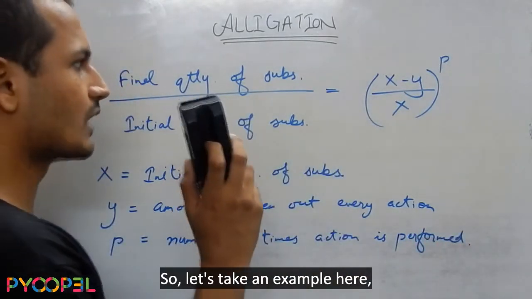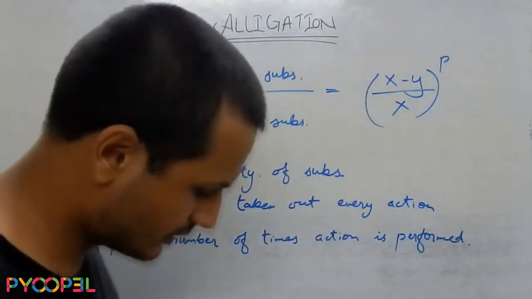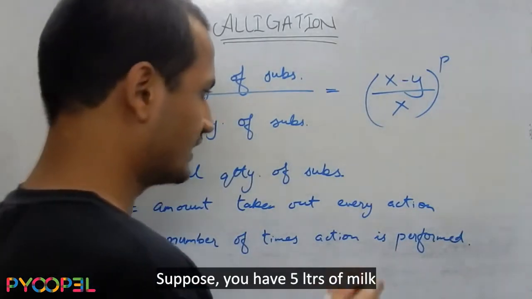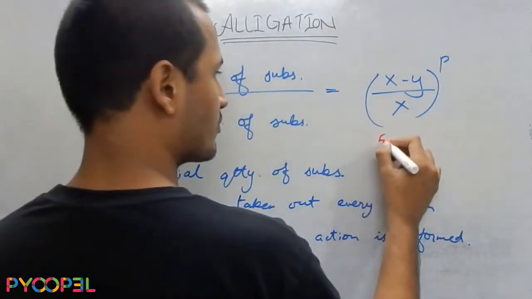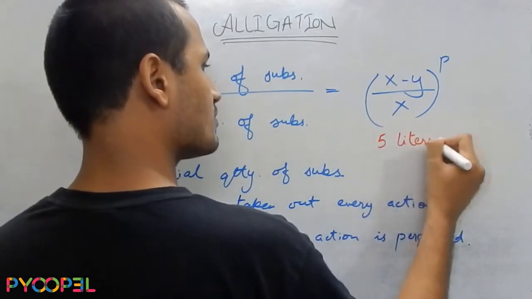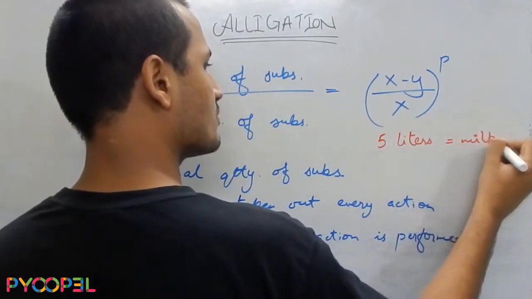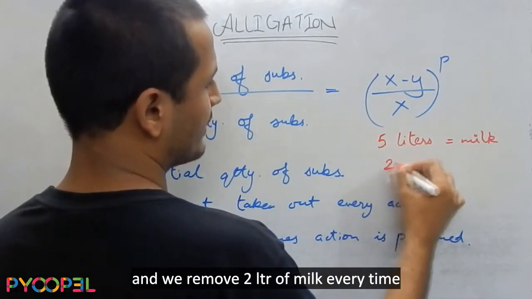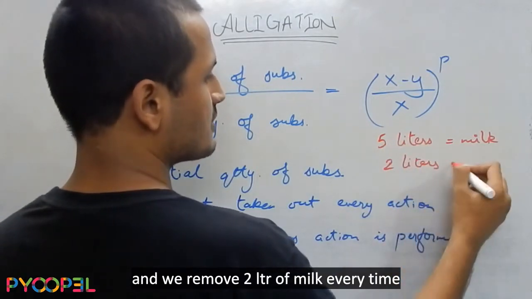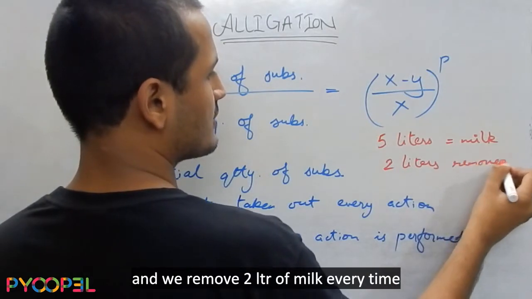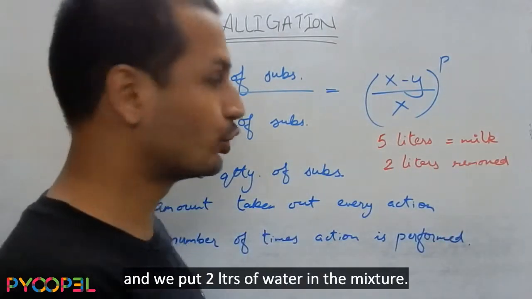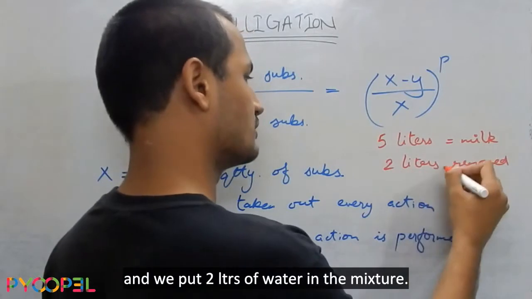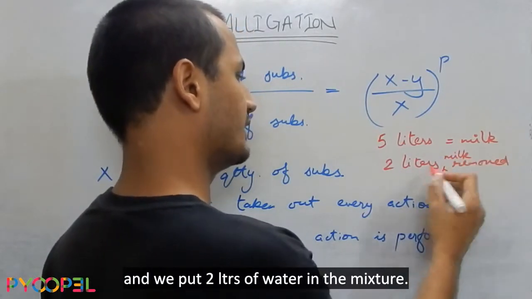So let's take an example here. Suppose you have 5 liters of milk, and we remove 2 liters of milk every time, and we put 2 liters of water in the mixture.